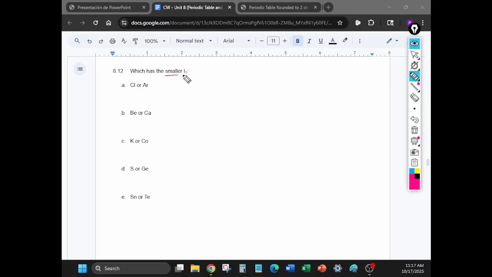If you recall, smaller ionization energy basically means that it is easier to remove the first electron, so it has to do with electronegativity. Think about electronegativity, and think about most common ions. I'm going to give you a couple minutes to try A, B, C, D, and E, and then we'll go over it. Pick your answer. Same thing as before: write a little explanation after your answer, describing why you chose your answer.